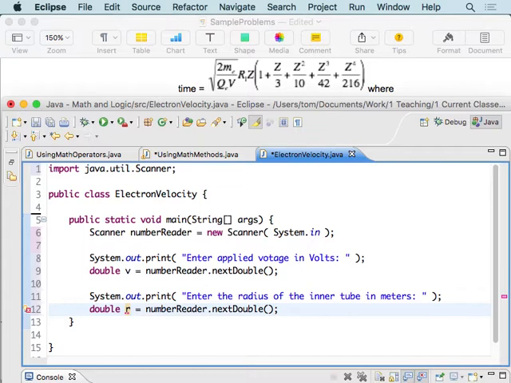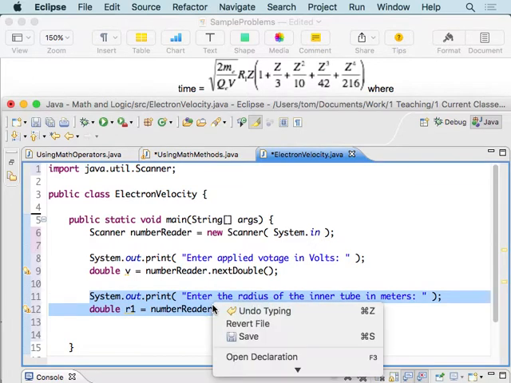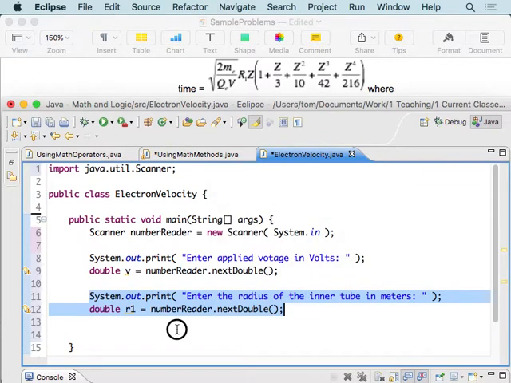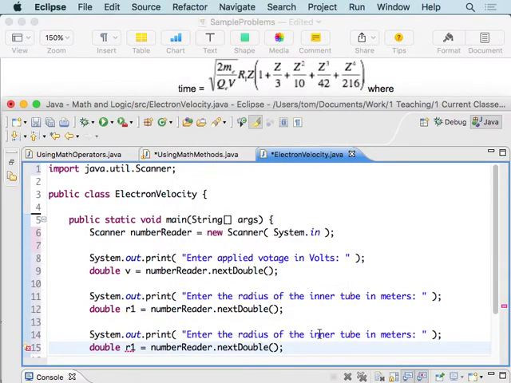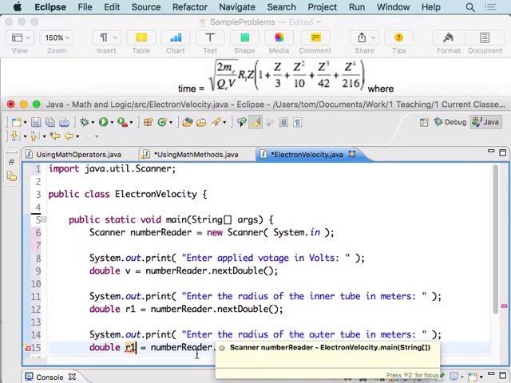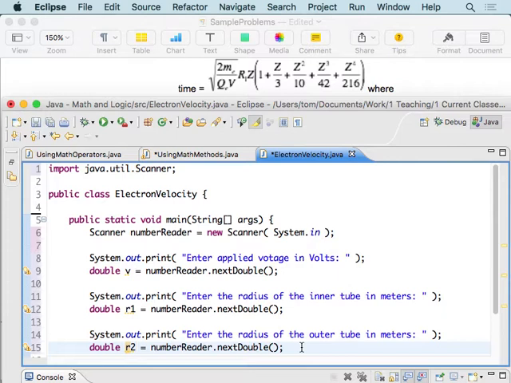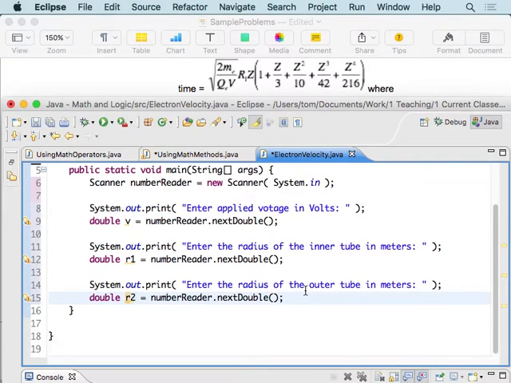And that's going to be called R1, according to the little thing there. And then we're going to copy and paste that, and this is going to be the outer tube, and that's going to be R2. So all in all, we have 3 inputs: V, R1, and R2.